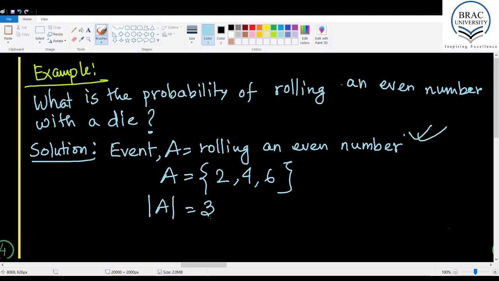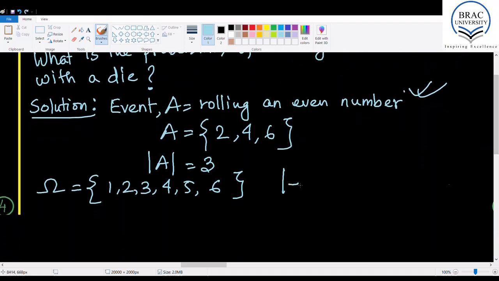Step 3 is to determine the cardinality of the sample space of this experiment and divide mod A by mod omega, right? So the sample space here will have 6 elements in it. All the possible outcomes need to be enlisted in this set, and then cardinality equals 6.